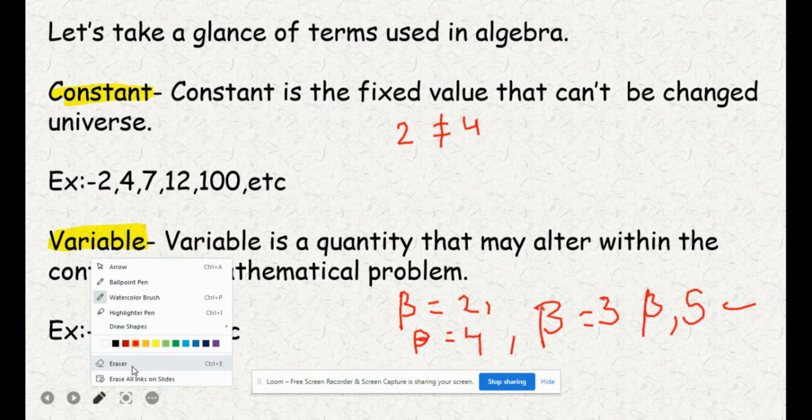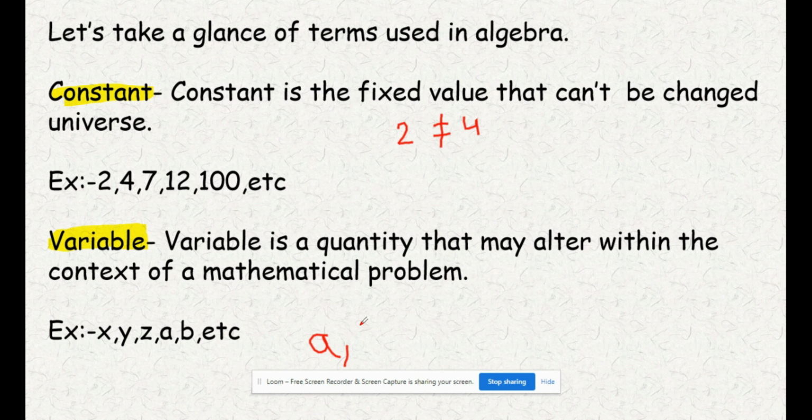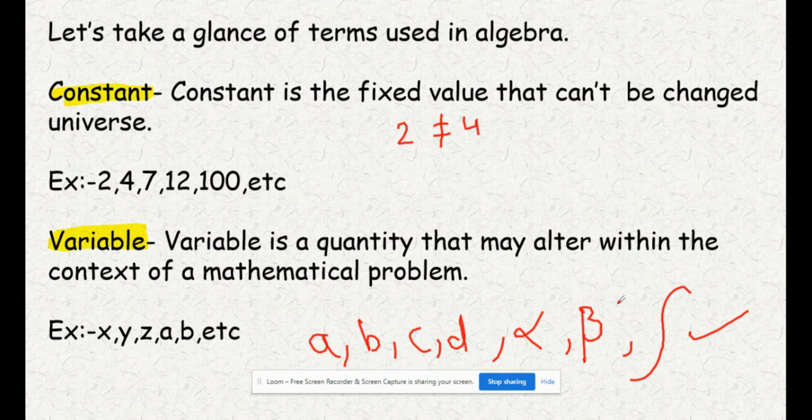All values are different from one question to another question. These may be alphabets, letters, anything: A, B, C, D, or alpha, beta, an integration symbol, anything it may be.